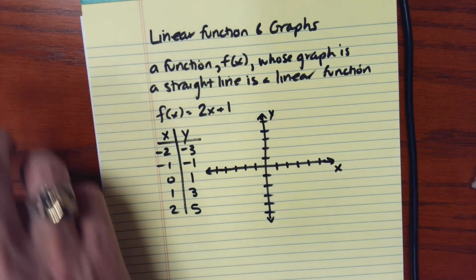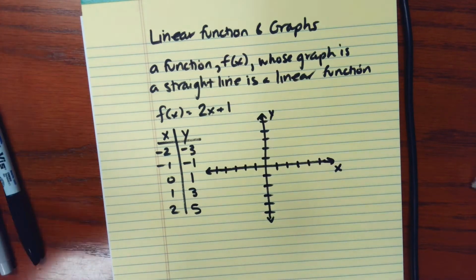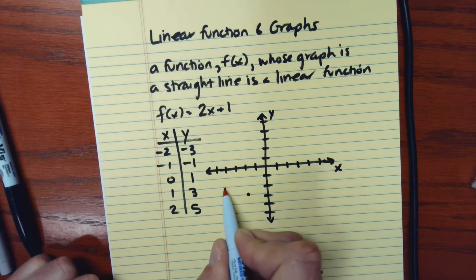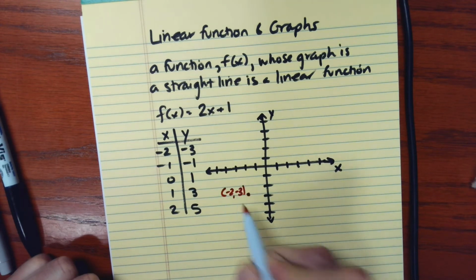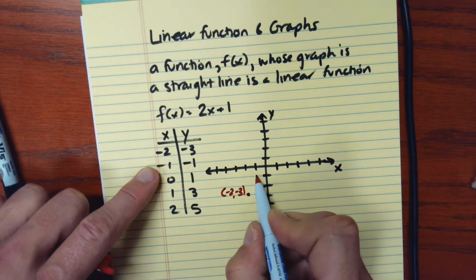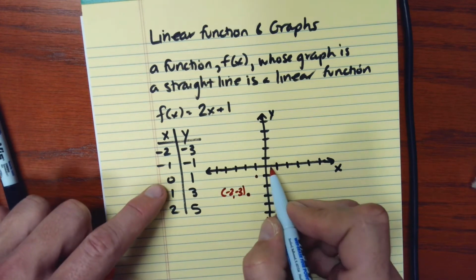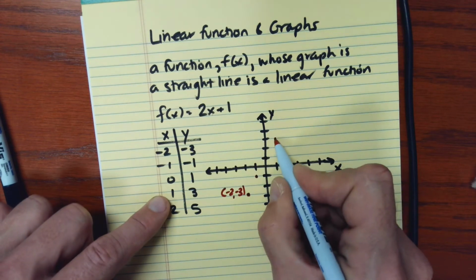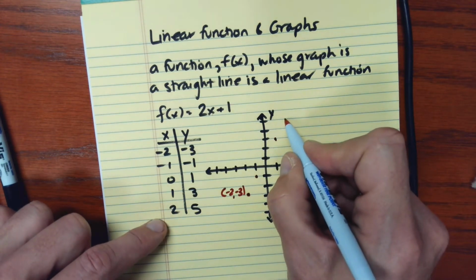So I'll plot the first point here, negative 2, negative 3. And the second point is negative 1, negative 1, then 0, 1, then 1, 3, and 2, 5.